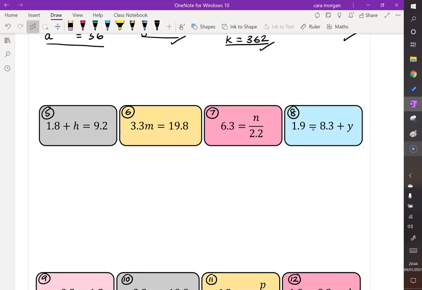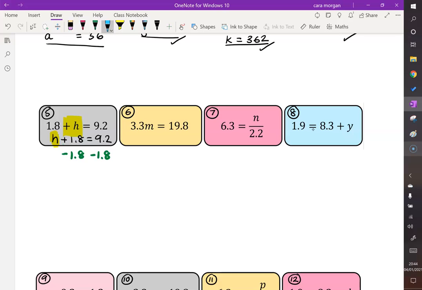Number 5, we've got decimals now. Looks a little bit more tricky, but not really, because all we've got to do is get h by itself. Notice there's a positive in front of the h, or an add h. It's the same as saying h add 1.8 is 9.2. It just means that the h is a positive value, and that's always quite useful. I think I might subtract 1.8 from both sides there.